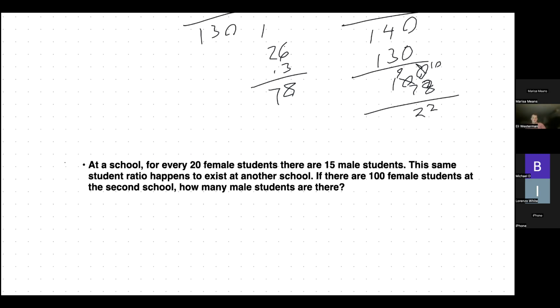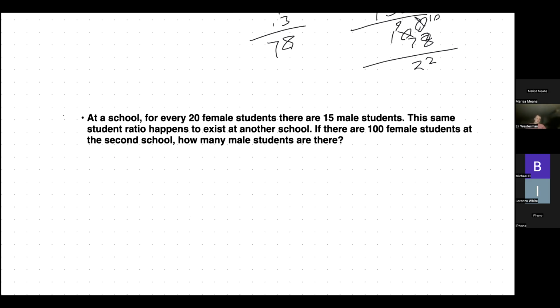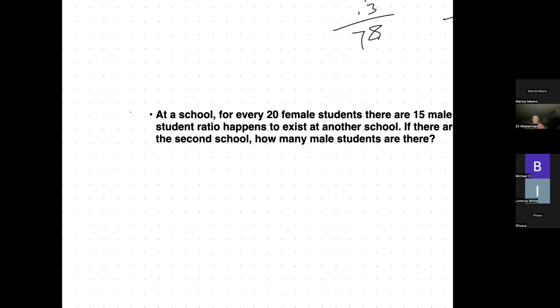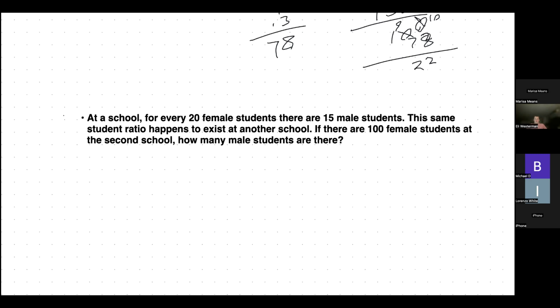So at a school, there are for every 20 female students, 15 male students. And the same student ratio exists in another school. If there are 100 female students at the second school, how many male students are there? I'm going to give you a minute to set it up. And then I'll give you a minute to do it.